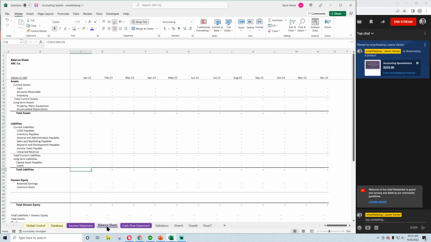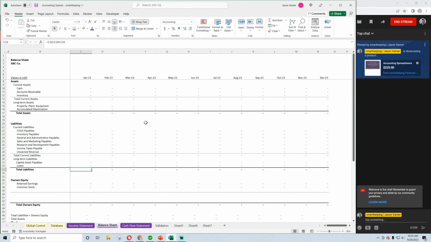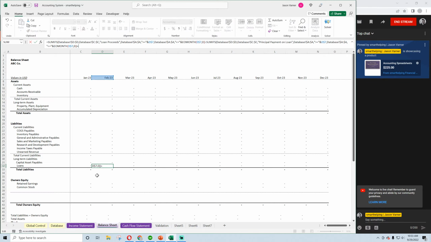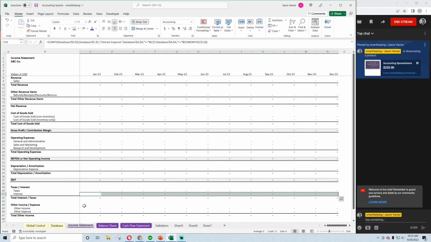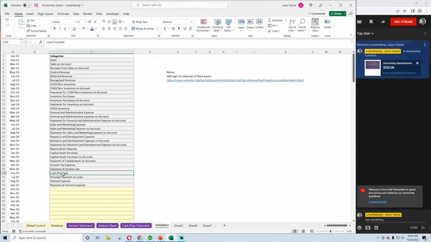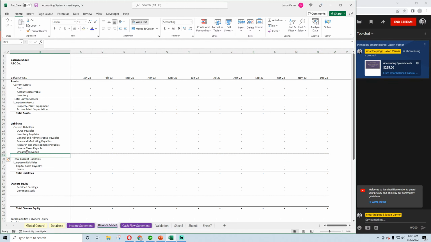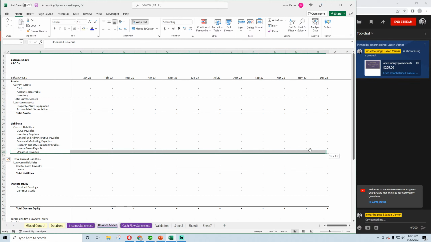Principal payment on loan. Principal payment. Okay, and so that should be all the logic we need to account for what the balance of the loan is over time. All right, so we got interest expense, we have the loan going up and then being paid back with this. Oh, interest payable. So this is a short-term liability. So another liability here to put in, and let's call this interest payable.